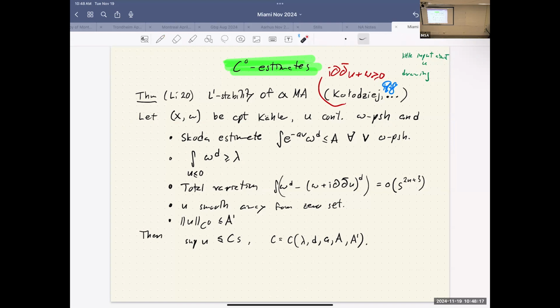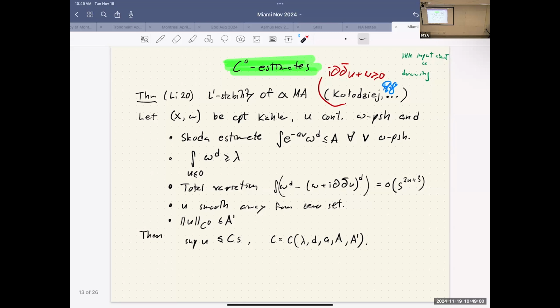So if we have a Kähler metric omega, and you take another Kähler metric in the same Kähler class, then you can express it like this for some u which is smooth and strictly omega-plurisubharmonic. So these omega-plurisubharmonic functions are used to describe all the other Kähler metrics in the same Kähler class. But since we're only demanding this to be semi-positive, it's some kind of closure of the Kähler class, or the closure of the set of Kähler forms in the Kähler class.